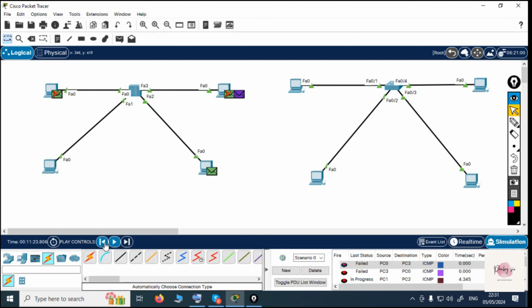The data is colliding. Why? Because it is half duplex. We have already discussed why the collision will occur. Do you understand this?